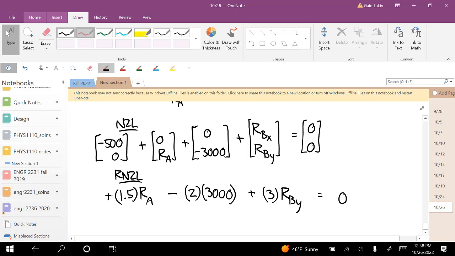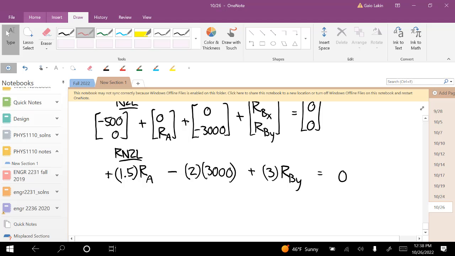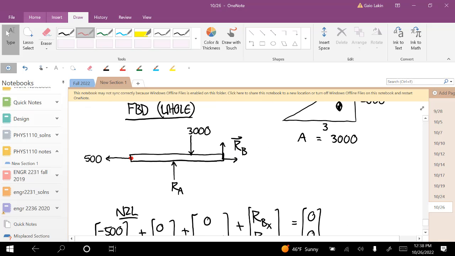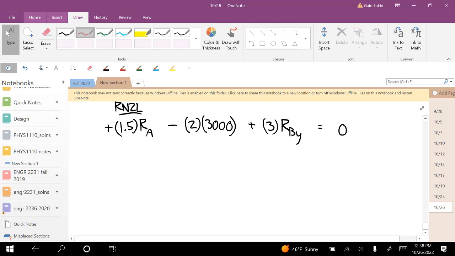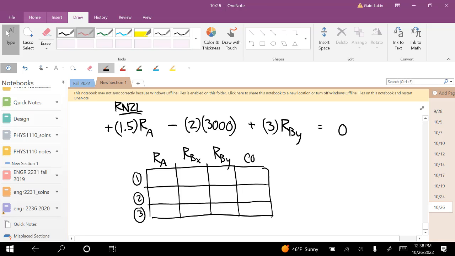Is equal to 0. Okay, well, now we have to do this with reduced row echelon form, because that's what I get for not putting my about point at B, but I stand by it. Okay, so we have columns RA, RBX, RBY, and the constant.